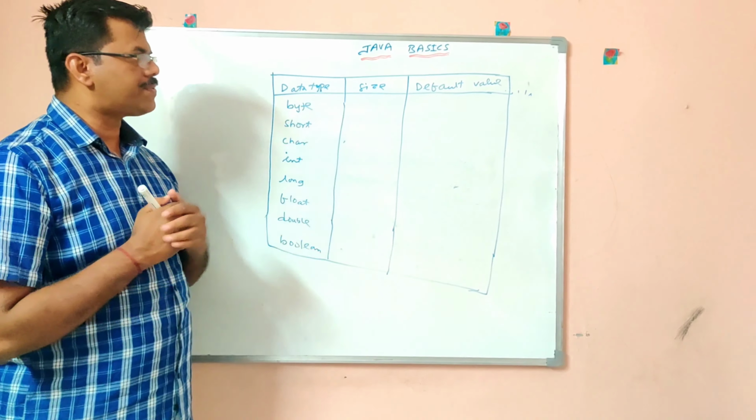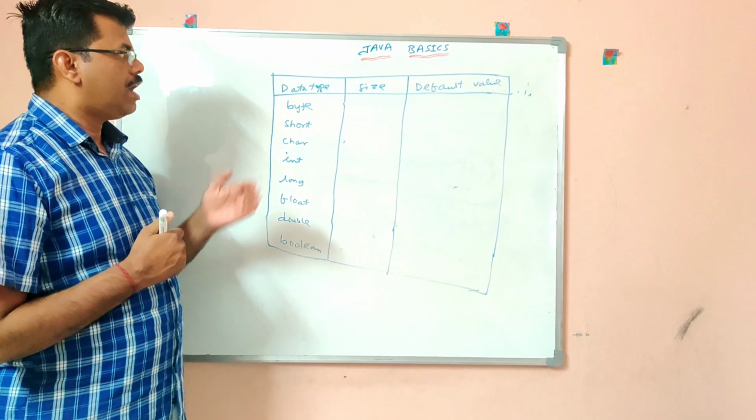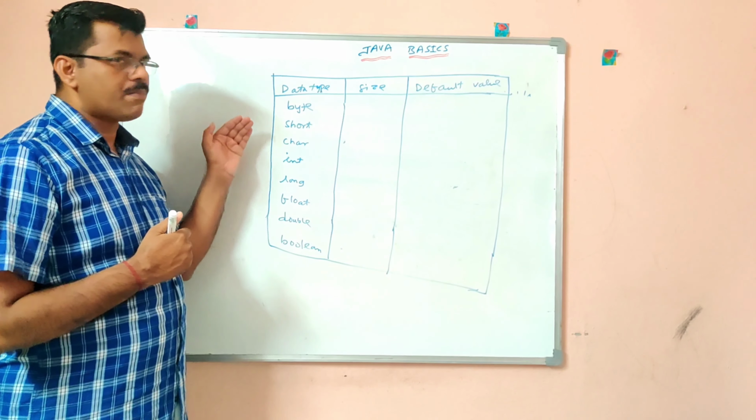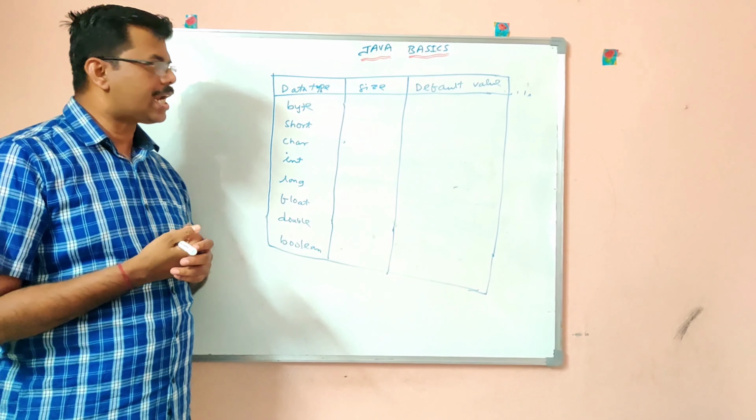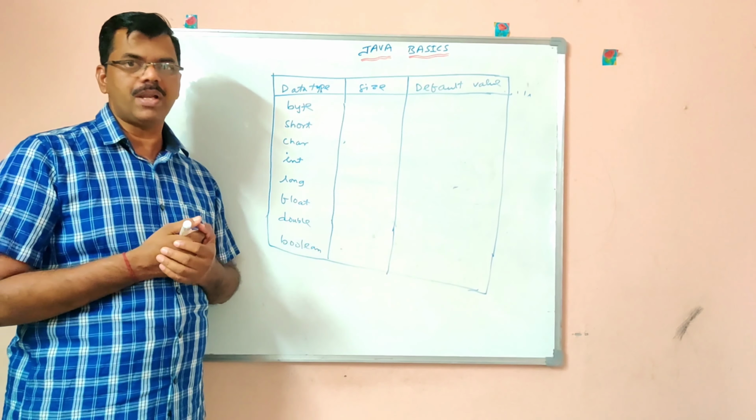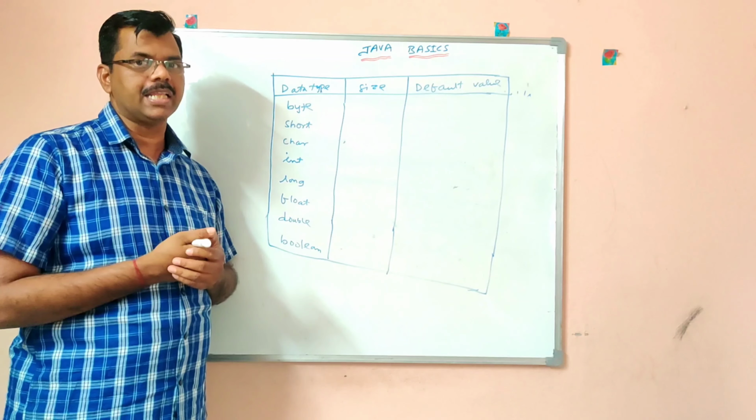Now coming to the meaning of size. Whenever you want to allocate some memory space for a variable, we need to declare the variable. So why we have to declare the variable is to allocate memory space for the variable. Then only we can store data in the variable.